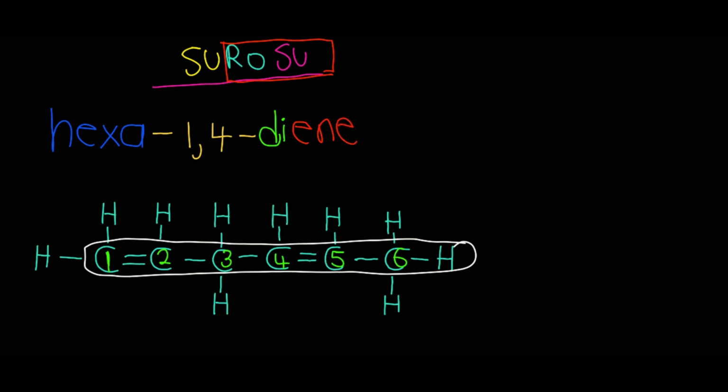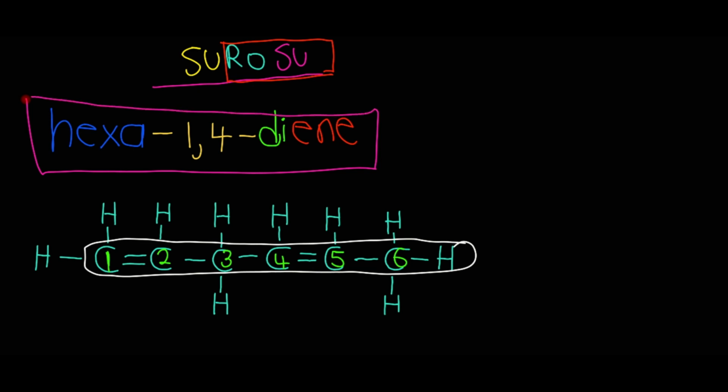So this is the name: hexa-1,4-diene. Remember to separate the numbers with a comma, and the number from the letters with a dash, because the letters are all alphabet. So this is the name. What is important is that when we have the euphonic a, we add the a at the end. So that's it for this question.